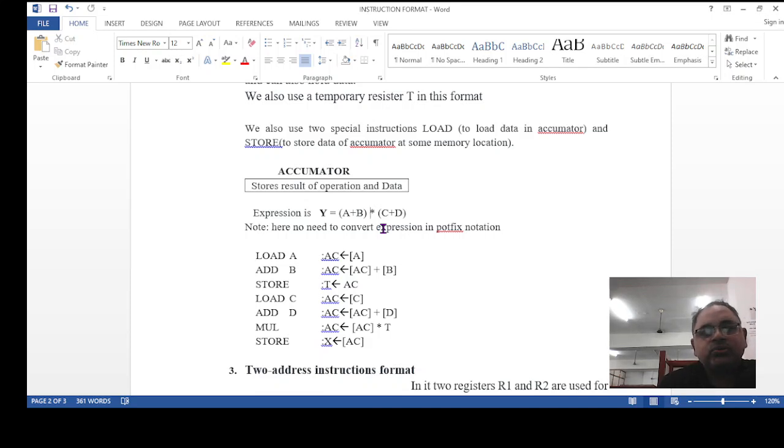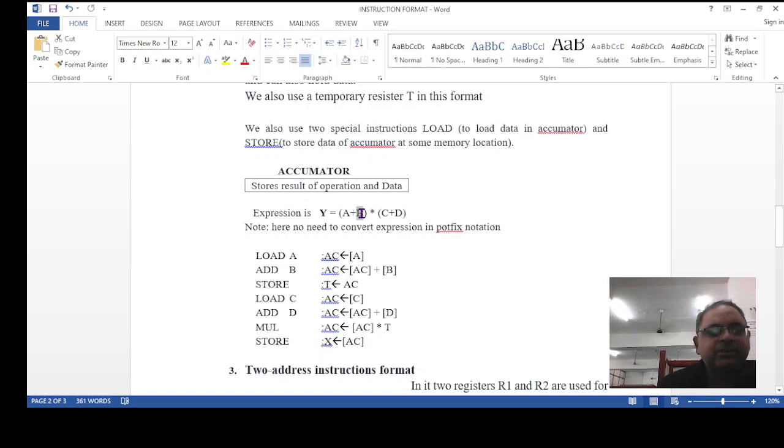Fine. But as we know, by the hierarchy of operators, brackets have the highest priority. So we are assuming this, and first evaluating a plus b.